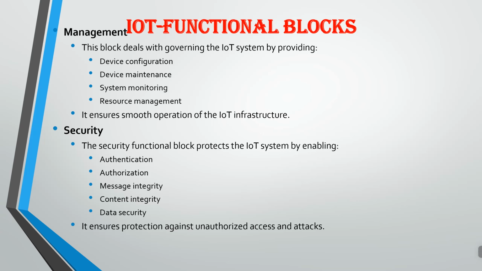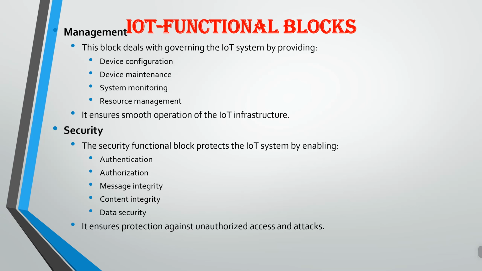Now, coming to security. Security is very important. It should not allow the intruder to come and change the activities, or come and delete some activities. So it provides authentication. You can touch the system and do the management only if you are an authenticated user.